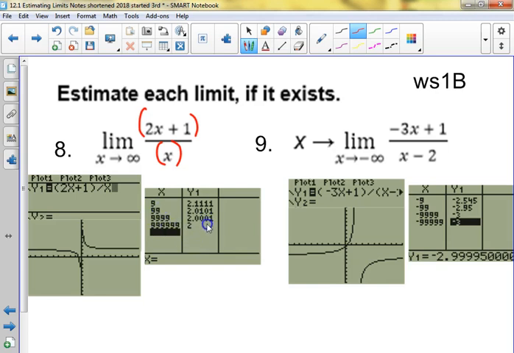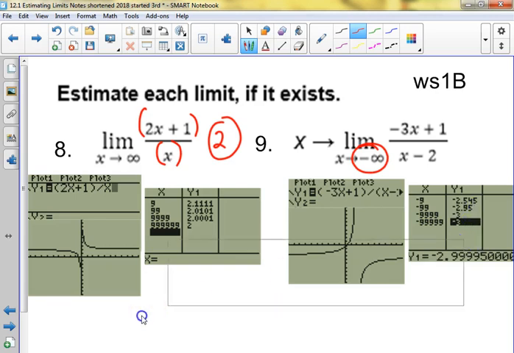What happens? It's getting closer and closer to 2. Does anybody remember what case this is? Equal weights, yes? And so it's leading coefficient over leading coefficient. Does that ring a bell? Okay. So looking at this one, it's going to approach -3. It asks about the left-hand side, so I put in -9, -99, -999, -9999, and it was approaching -3.